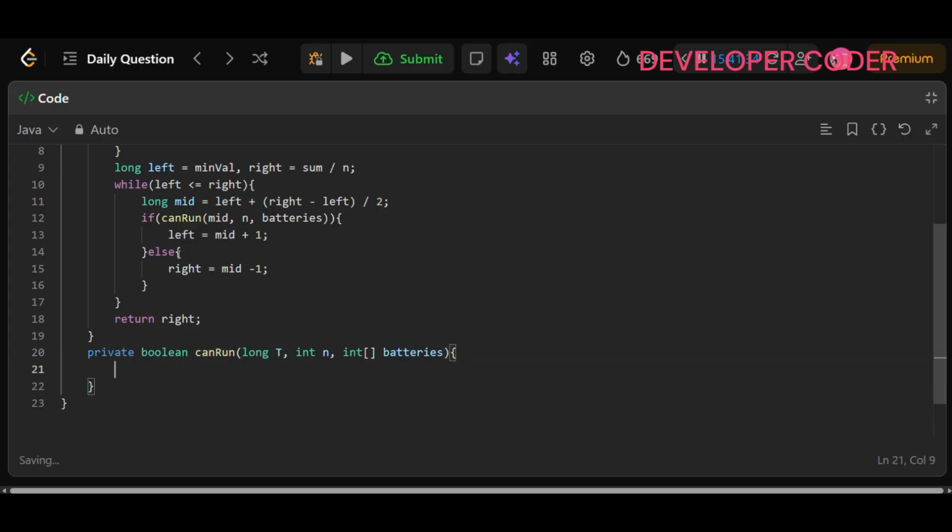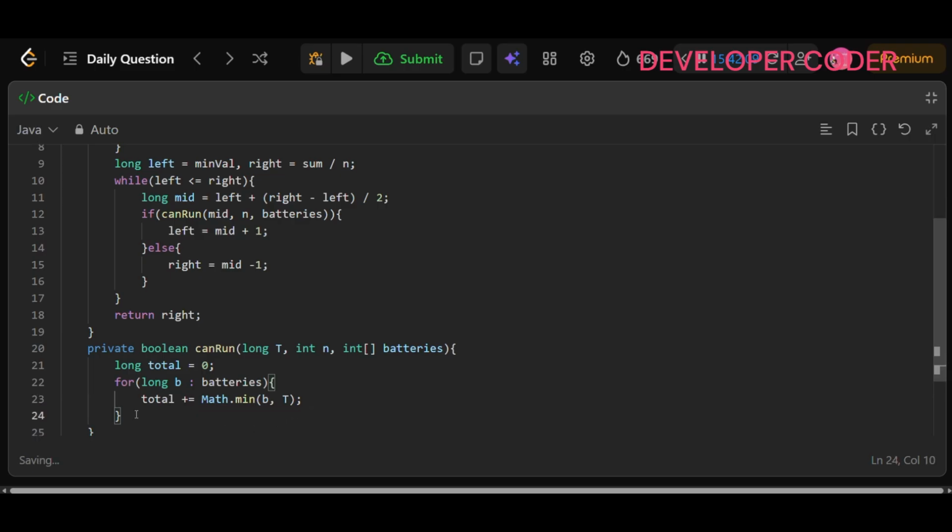Here we have to take long total equal to 0, and for each long b in batteries, you write total equals total plus Math.min of b comma t, okay? This t value, capital T, is the meter that I'm passing, so based on this only I need to check, right?